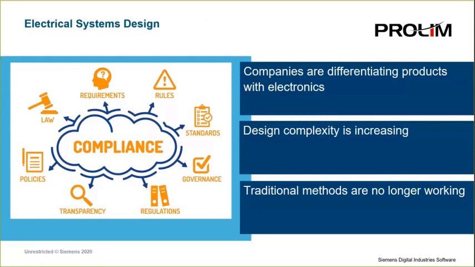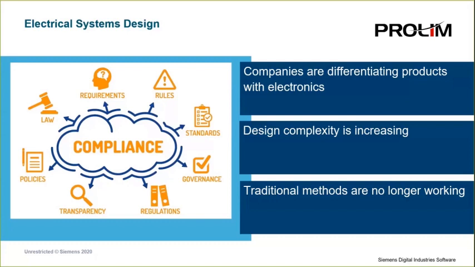Design complexity has many forms. One of them is the compliance, which we're showing on the left side of the screen here. Lots of rules and regulations that need to be followed. There's industry standards, there's safety standards, governance, various regulations. So they need to manage all of this design complexity and be able to show transparently that we're following these guidelines and requirements, in addition to make sure that the product performs on time as expected.